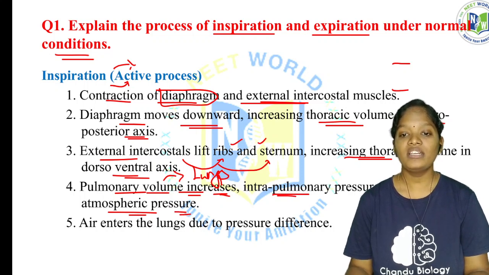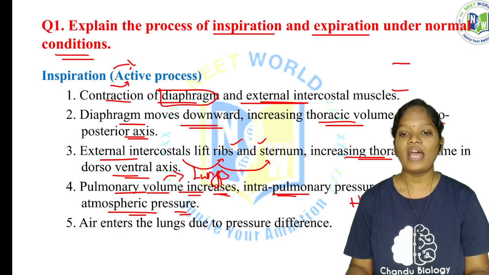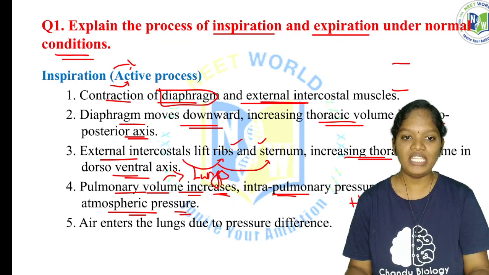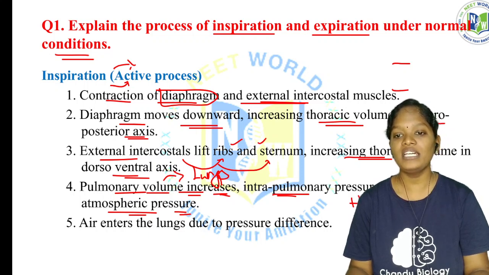The flow of wind is determined by pressure: wind always flows from higher pressure to lower pressure. As there is a lower pressure in the lungs, the air present in the atmosphere enters into the lungs. Why? Because the lungs experience a lower pressure.